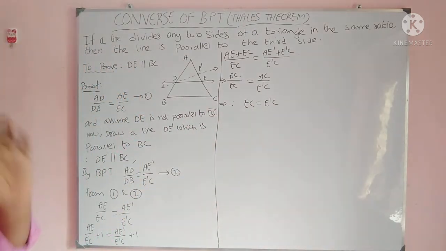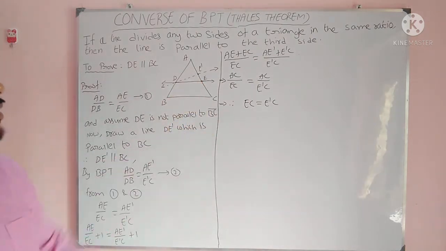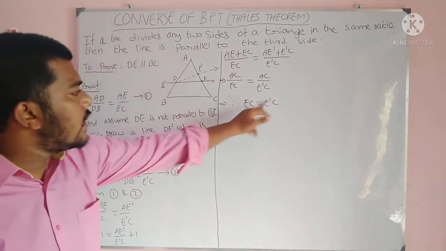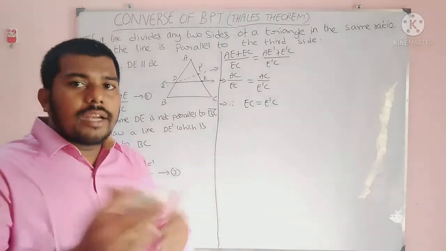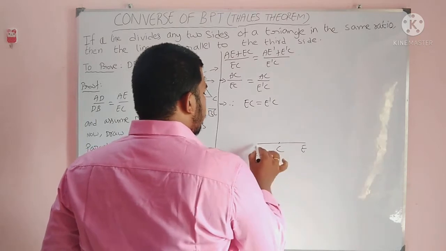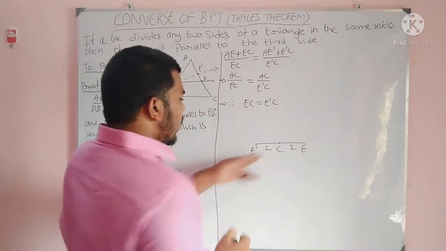Now the point is, both E and E dash lie on the same side of C, but we are getting the distance from E to C the same as E dash to C. In case they are in opposite directions, for example C is here, E is there and E dash is there, at 2 units, it is possible.